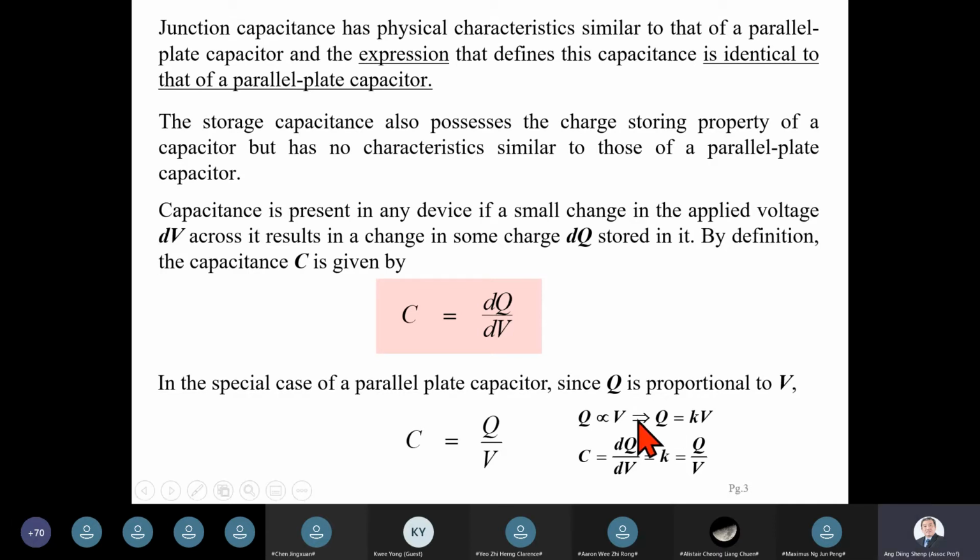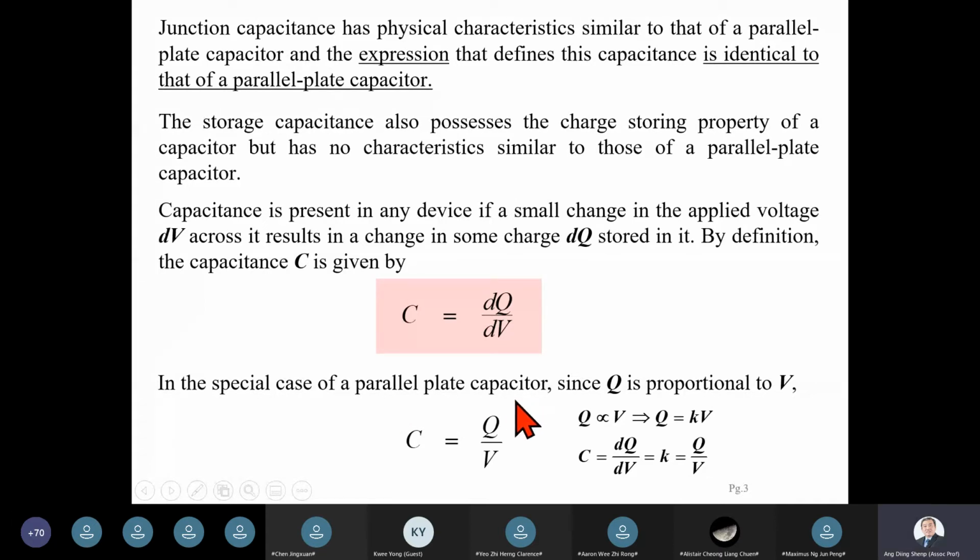Now, since that is the case, we can easily show that the capacitance of a parallel plate capacitor can be written as Q over V, where Q is the charge stored and V is the voltage across the capacitor. Now, at this point, a word of caution: Q over V cannot be used as the general definition for capacitance, and it is only valid if you are looking at a parallel plate capacitor.